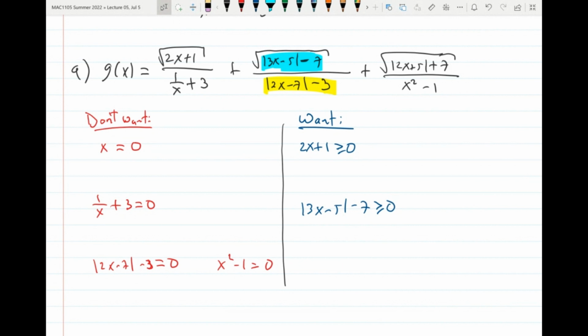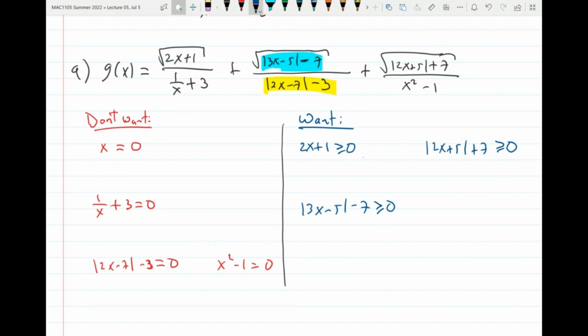That the stuff inside is not negative, right? So you want absolute value of 2x plus 5 plus 7 to be greater than or equal to 0. Do you understand this? So once we figure out all the things, on the red part, these are all the stuff that we don't want. In the blue part, this is all the stuff that we need, that we want, that needs to happen. Okay? Then we put this together and then we get a domain. Do you understand this?